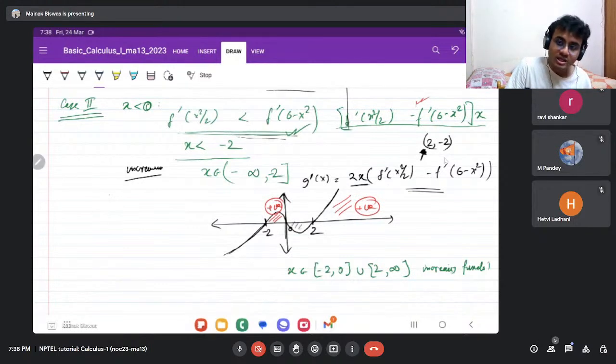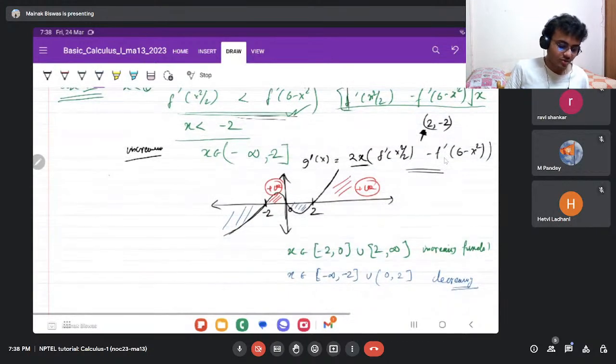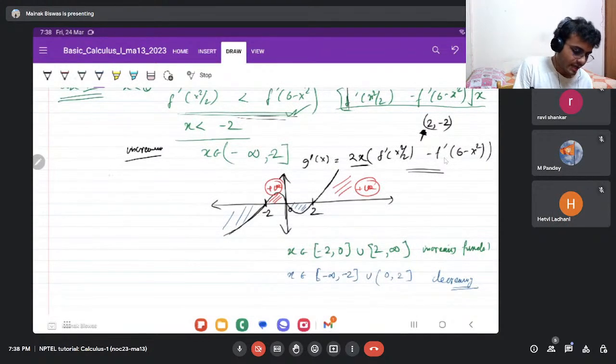I would like to think you don't have a doubt. And x belongs to minus infinity to minus 2 union 0 to 2 would be your decreasing part, right? Now the second part of the question says extremas. What are the extremas and what are they?